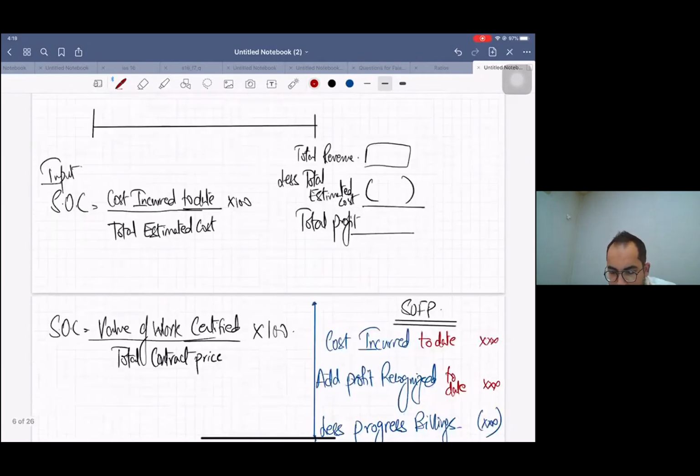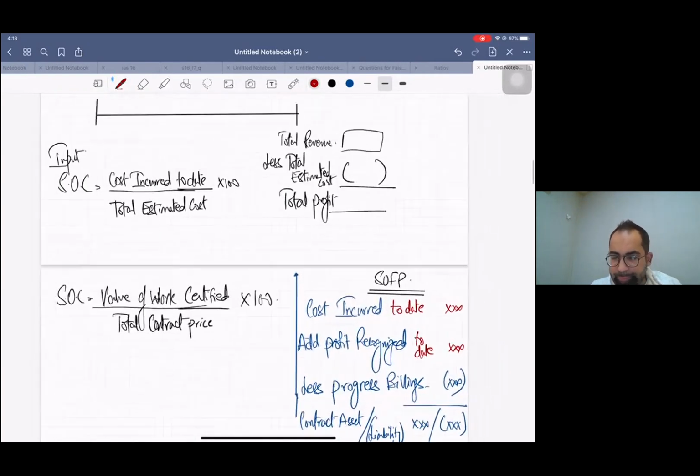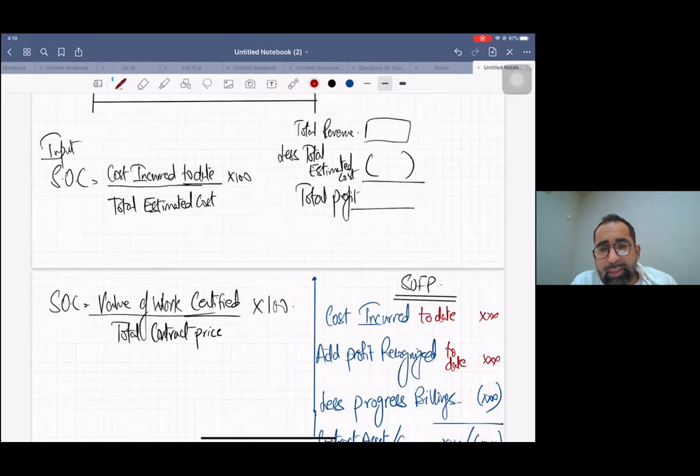Now the last thing regarding this quick revision is construction accounting. For construction accounting, there is one key step.